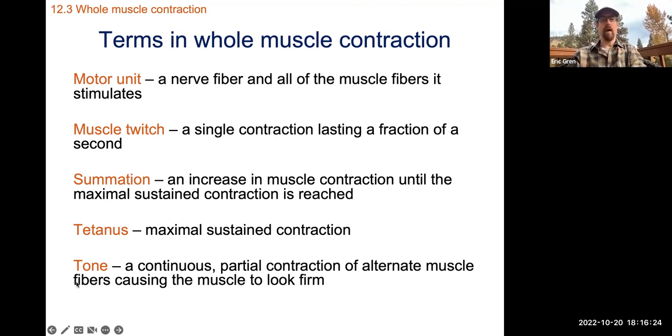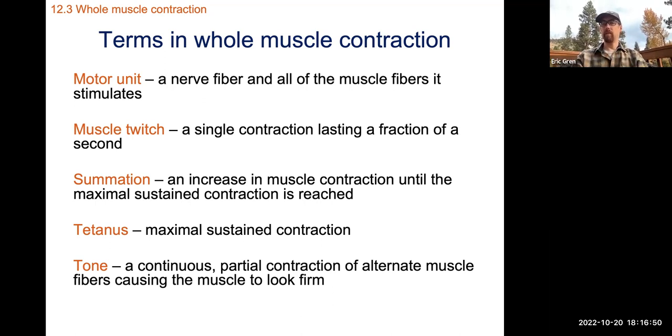Tone: you always are going to have partial contraction of muscles in your body. None of your muscles are ever going to be fully relaxed at a given point in time. They're always going to have a certain amount of partial contraction that's happening, and it's what allows your muscles to have some shape to them.